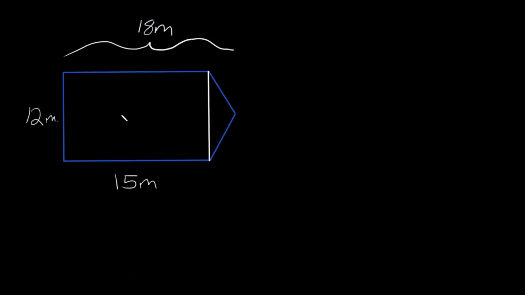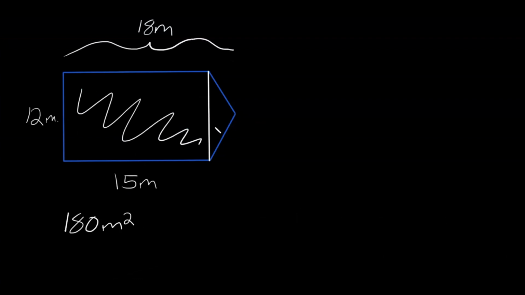So to find the area of this rectangle, we can just multiply 12 and 15, which gives us 180 meters squared. 180 meters squared is this area right here. And to find this area here, we need to notice that this length right here is 15, but the length of the whole figure is 18. So to get 18, we have to add 15 and 3, which means that the length of this line right here is going to be 3 meters.